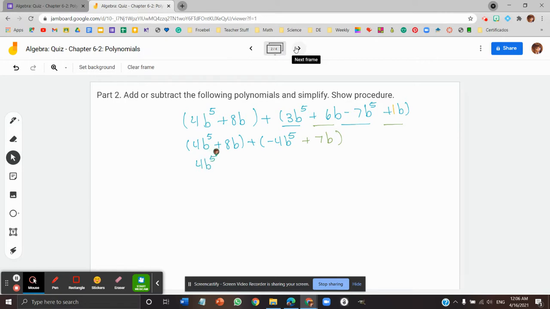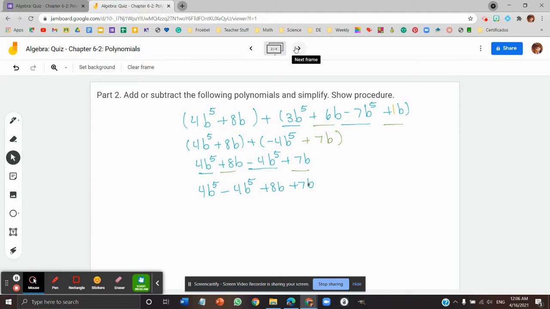4b to the 5th plus 8b minus 4b to the 5th plus 7b. And again, I'm going to combine my like terms. I could even rearrange them if I wanted to. 4b to the 5th minus 4b to the 5th plus 8b plus 7b.